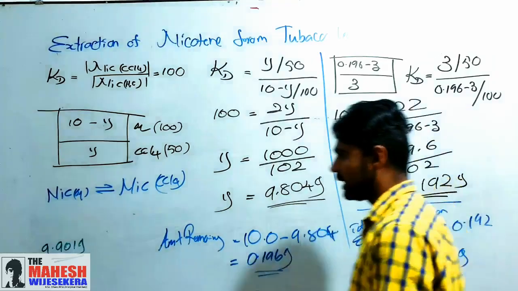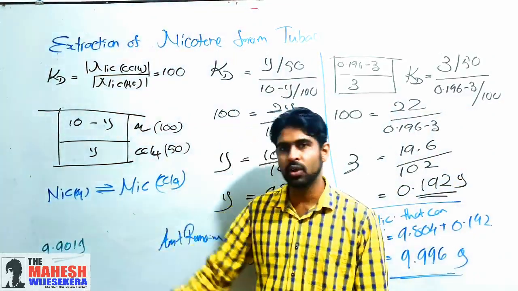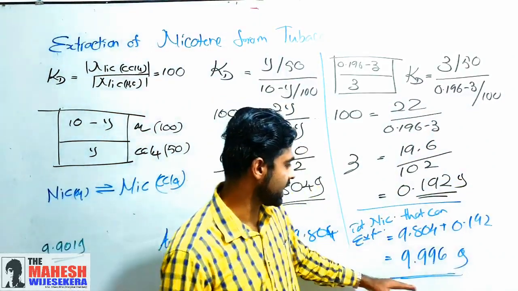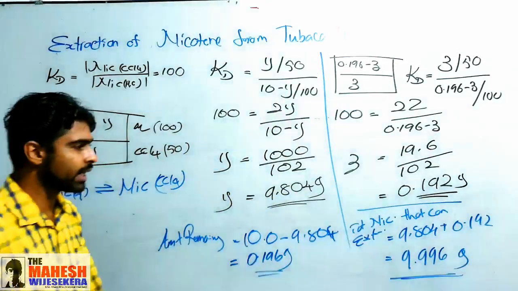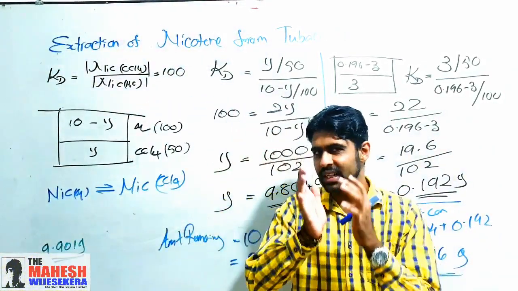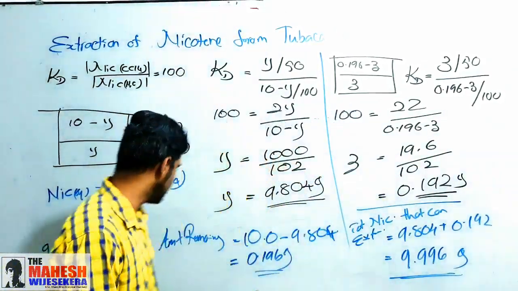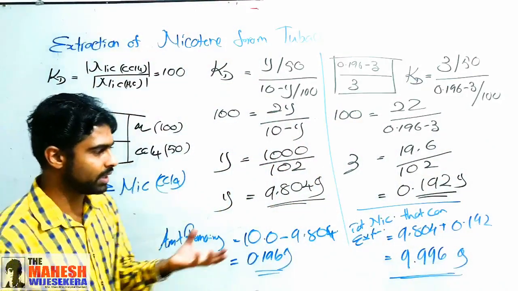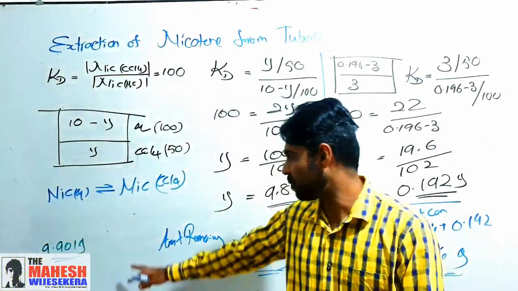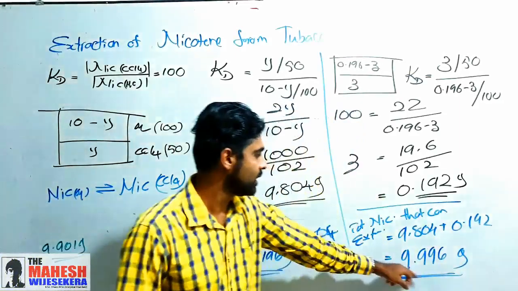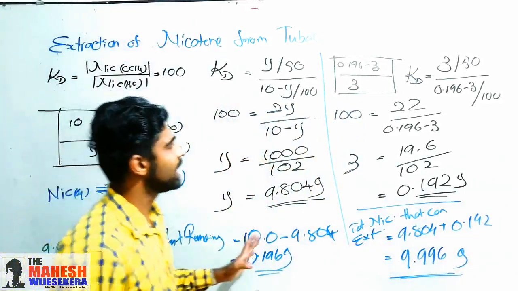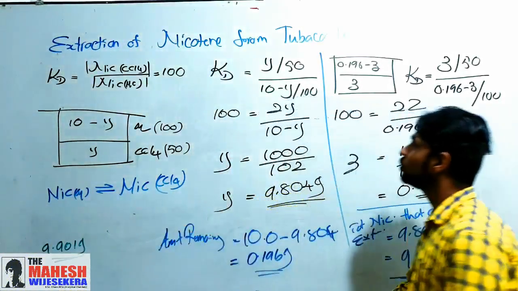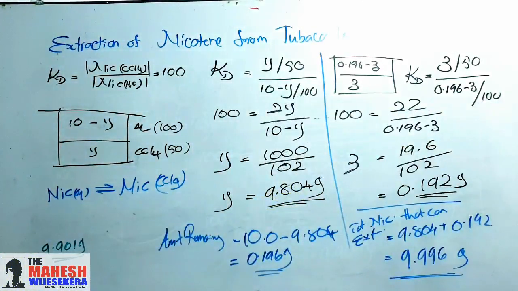See, earlier it was 9.901 grams, but now it is 9.996 grams. So you can extract more nicotine there. You don't see a big difference because these values are extremely big, 9.9 out of 10 is okay now. But here you can understand that you can extract more. Rather than using everything at once, if you use it in parts, you can extract more nicotine.